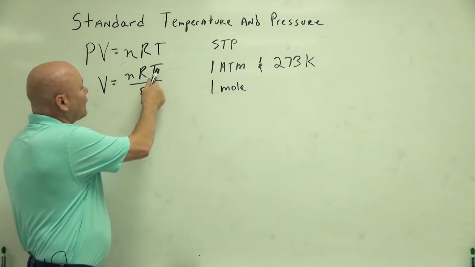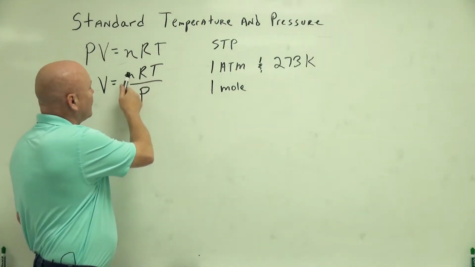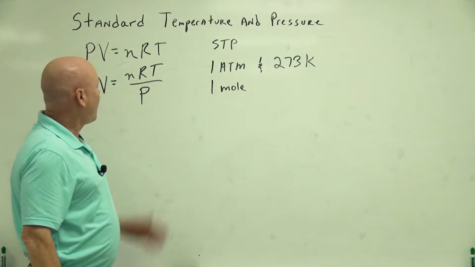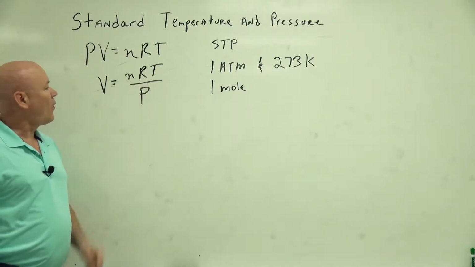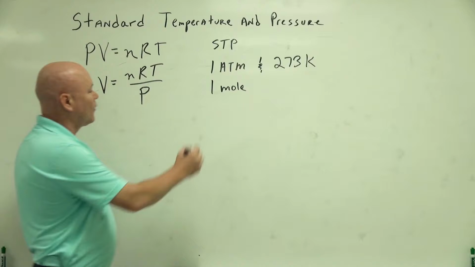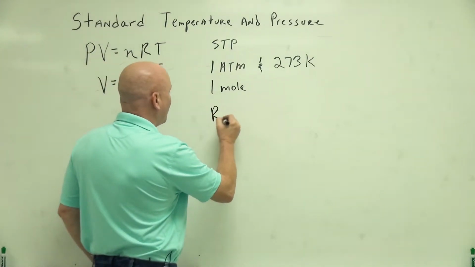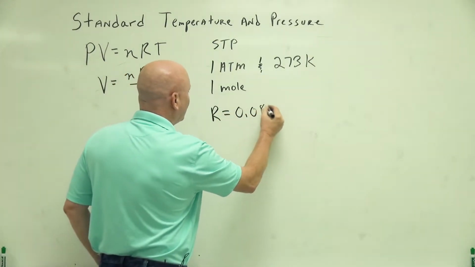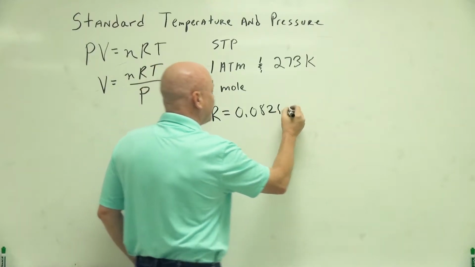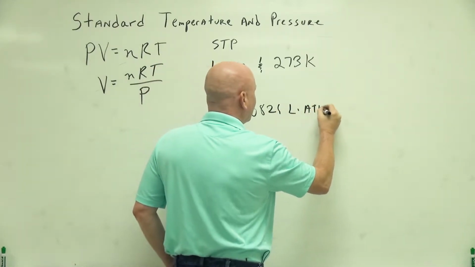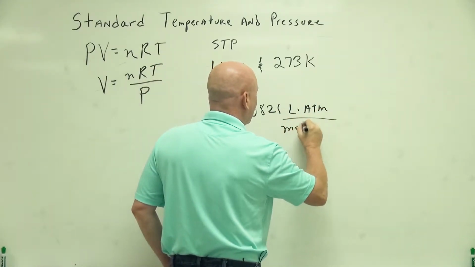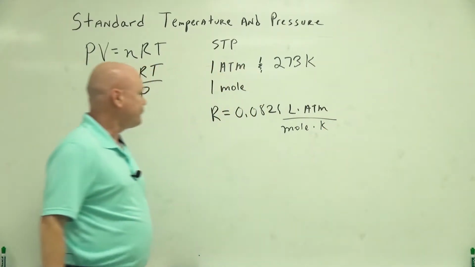And so I've got the temperature, I've got the pressure, I've got the number of moles. So now all that's left to do is pick our R, and since we're in atmospheres, I'm going to pick my R as being 0.0821 liter atmospheres per mole Kelvin.